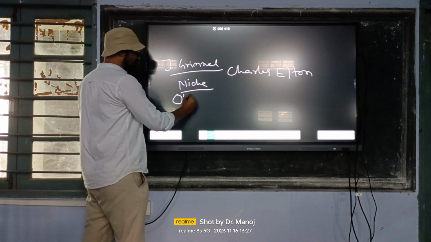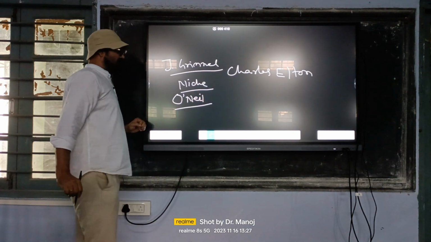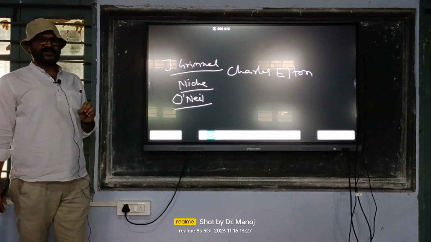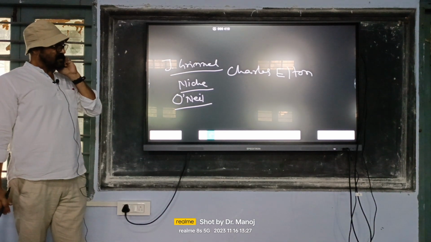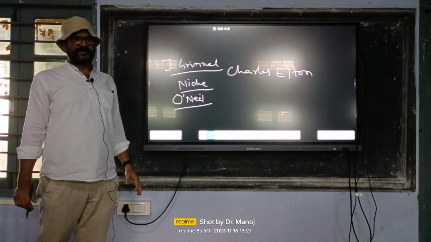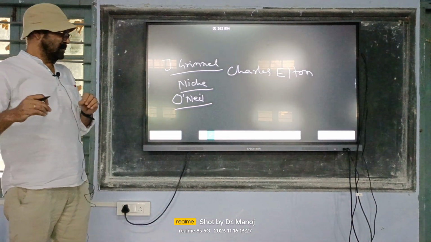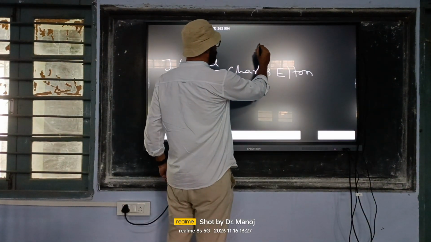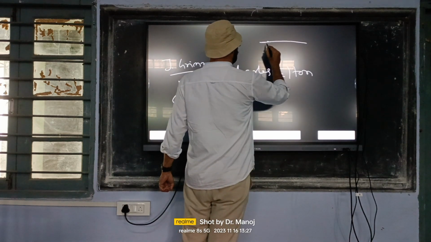O'Neill studied 7 species of millipedes found on the forest floor. These 7 species of millipedes were present in different small microhabitats. The forest floor is the general habitat, and there were some fallen wooden logs.